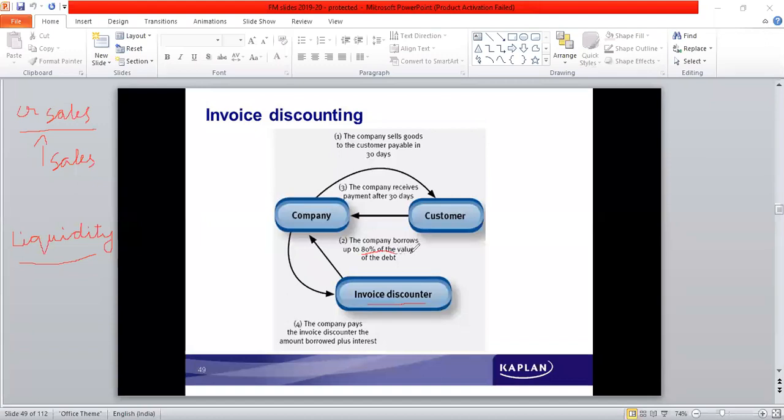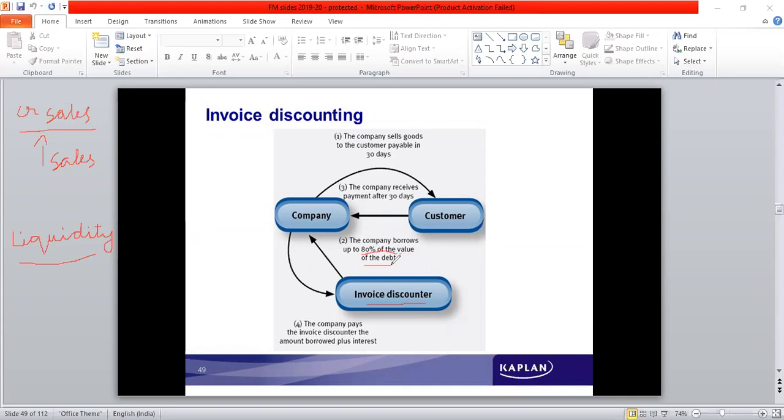So it is a kind of security which is presented. If it has to raise finances, generally it is not possible that finances can be raised as and when they like, or as much as they like. So the financial institutions also seek some security, some collateral. These invoices act as that.